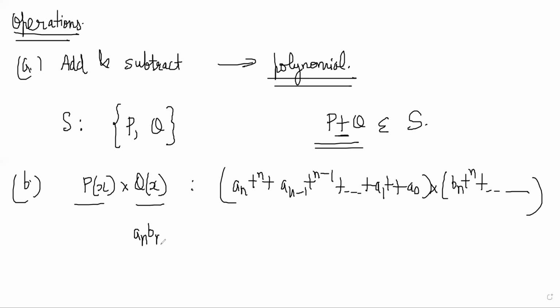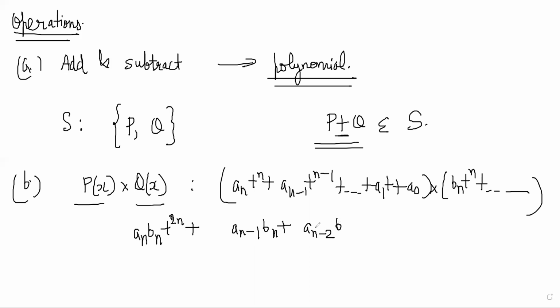I'll get a_n b_n t^(2n), and for t^(2n-1) you will get a_(n-1) b_n plus a_n b_(n-1).